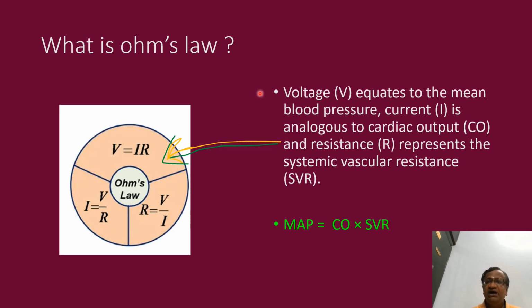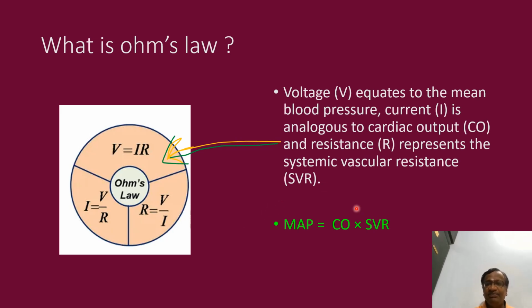What is Ohm's law? Ohm's law is voltage equals current into resistance. Now take voltage as pressure, current as cardiac output, and R as SVR. So Ohm's law comes in here: MAP is equal to cardiac output into SVR.